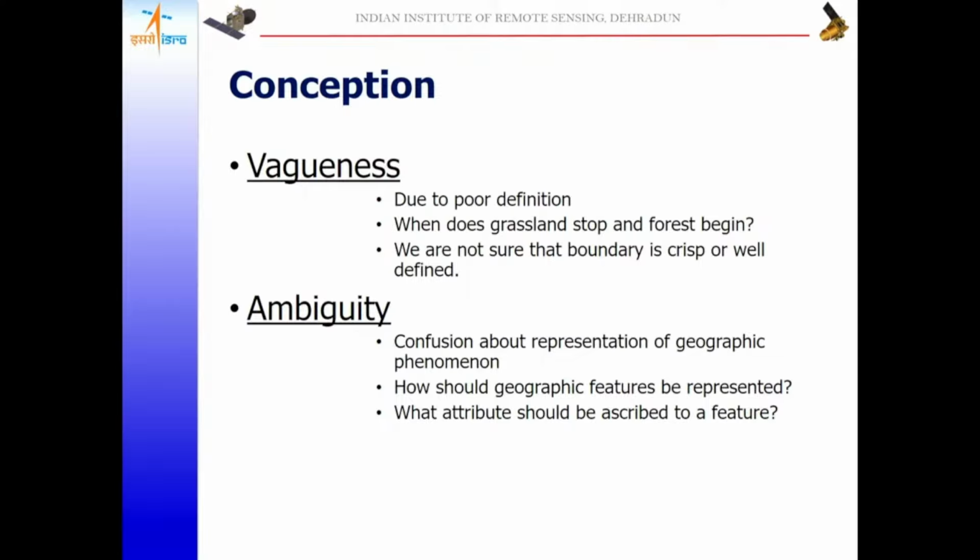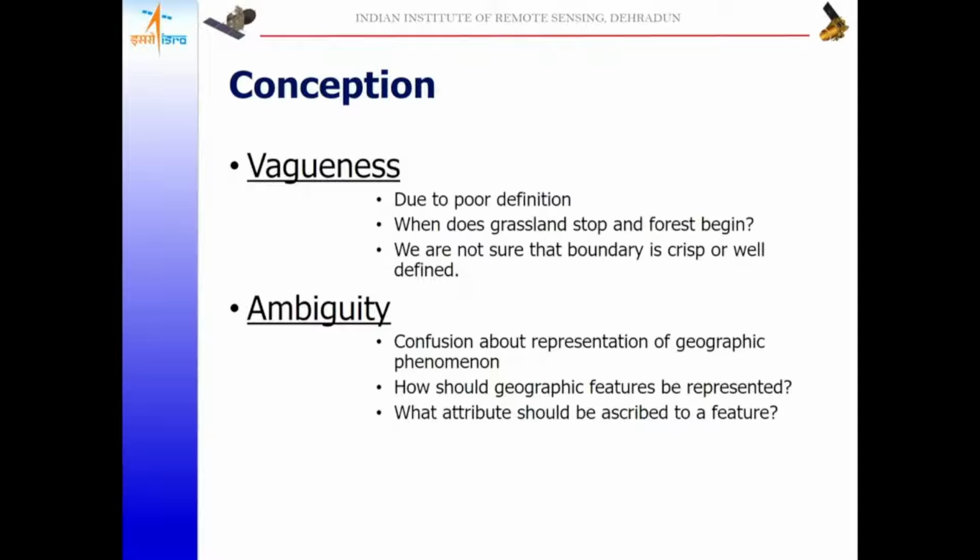Vagueness comes due to poor definitions, where the definitions are not clear. Like, when does the grassland stop and forest begin? So if a clear boundary definition is not there, we are not sure that the boundary is crisp or well defined. So that means this vagueness will come.